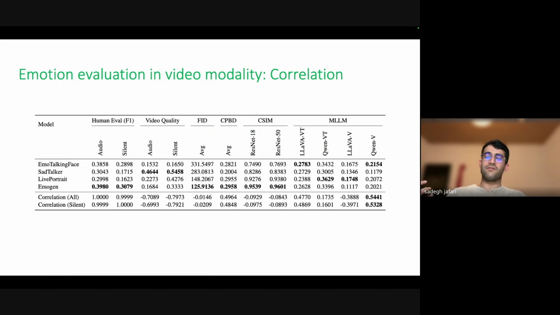It means their focus in their paper was just on emotion quality, not on the quality of the whole video. So if both are higher, we have a better video, better results in both. But for example, for LivePortrait, their focus was more on the quality, not the emotion itself. This is the meaning of these results.